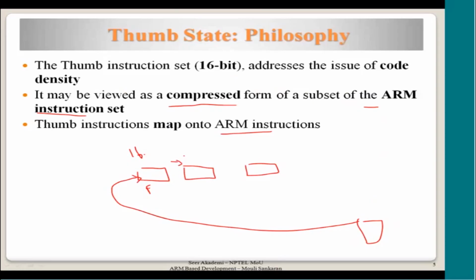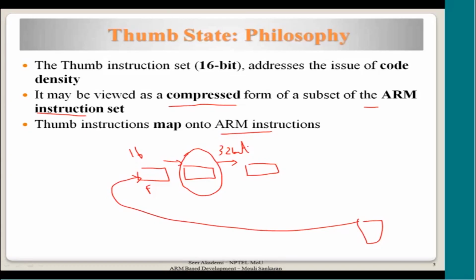It goes through a decode stage where it is decompressed, and then an equivalent 32-bit instruction is generated. For every 16-bit instruction there is an equivalent 32-bit instruction which is decompressed internally in the processor.